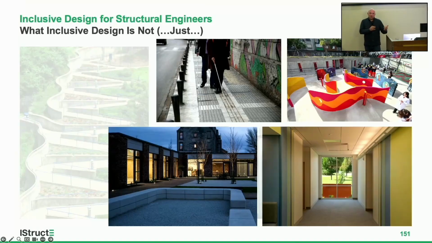People have a whole range of different ways that they access a building and interact with a building. And also for structural engineers, it's about things that we do inside a building, for instance. It's about the grid. It's about ways to bring light into the building. So inclusive design to structural engineers is about a lot more than just ramps and staircases and lifts and big wide corridors.